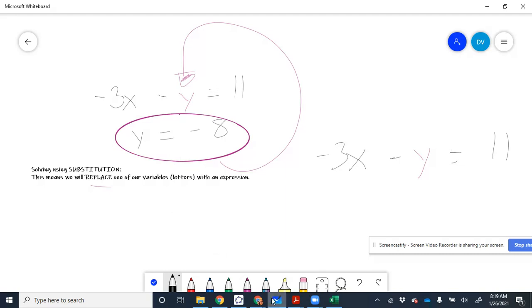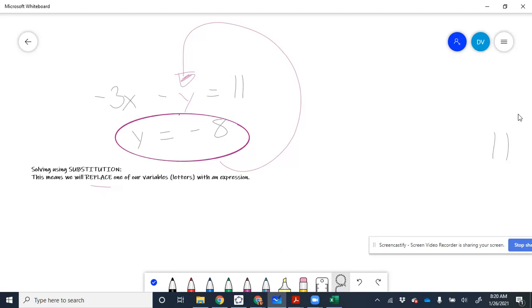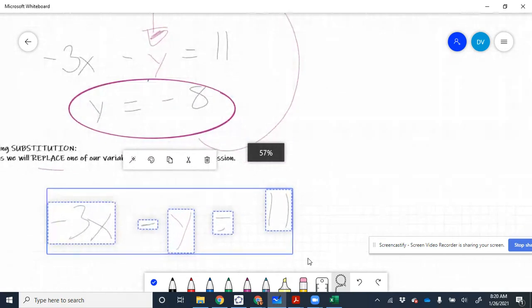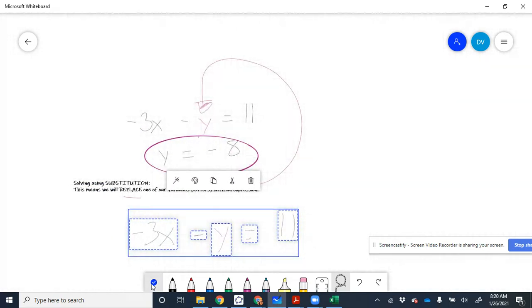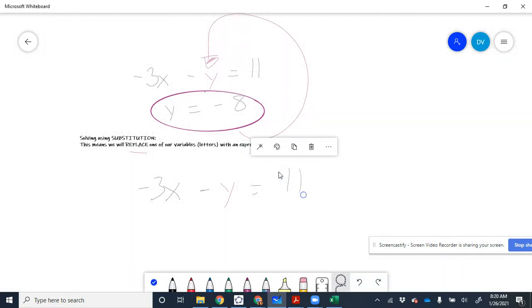I need more room here, so let me spread this out a little bit. When you do this on your paper, you can just erase it and everything.